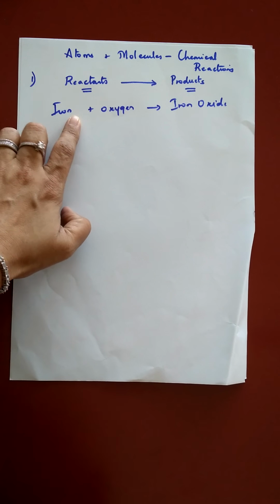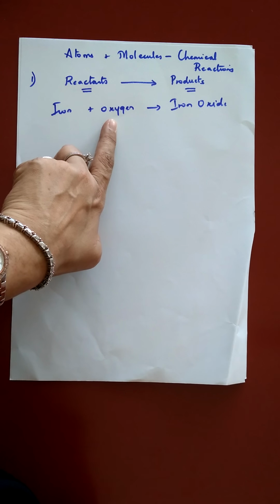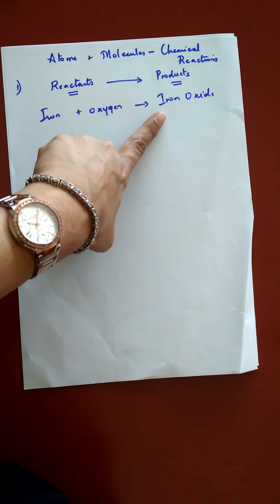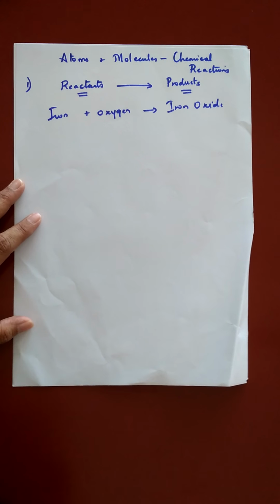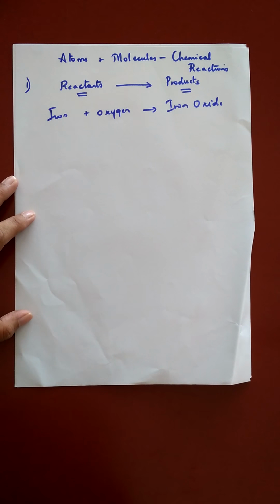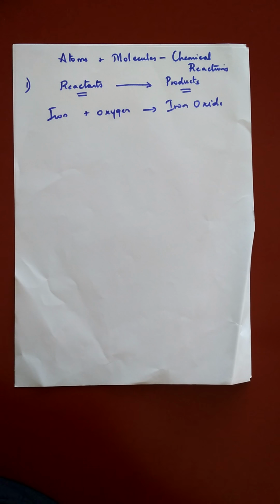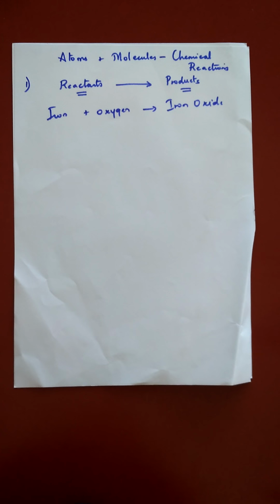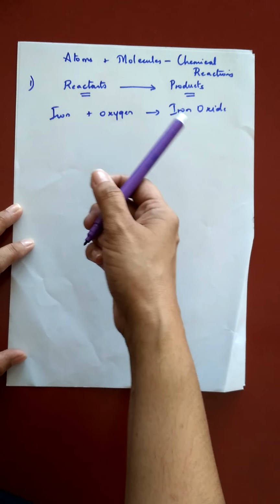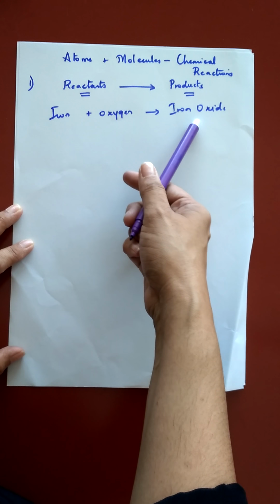iron reacts with oxygen and moisture from the air and it forms iron oxide. This is a very simple reaction. Instead of writing a whole paragraph, iron reacts with oxygen and moisture from the air and forms rust, which is iron oxide, you can represent it in a short way by using a chemical equation.